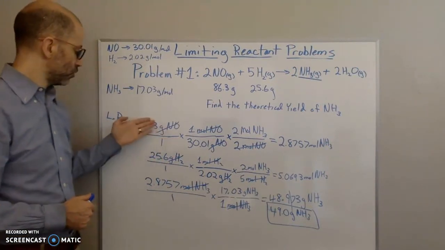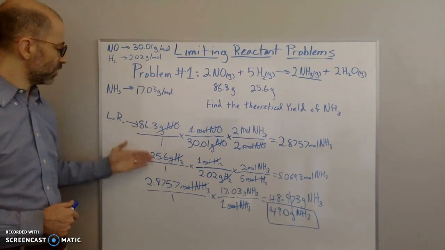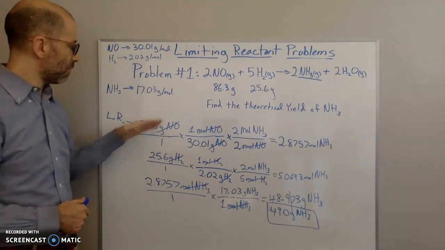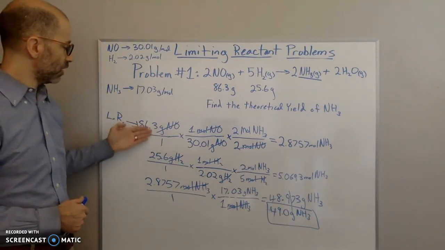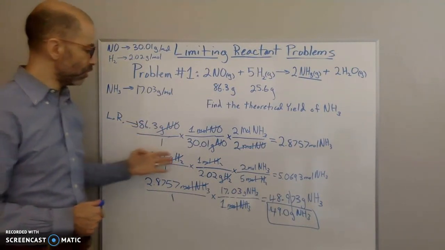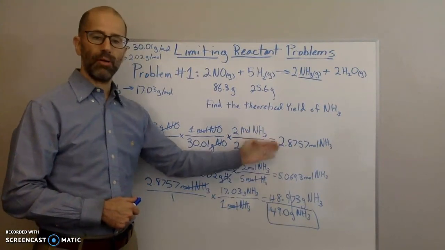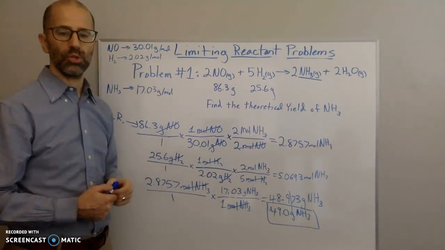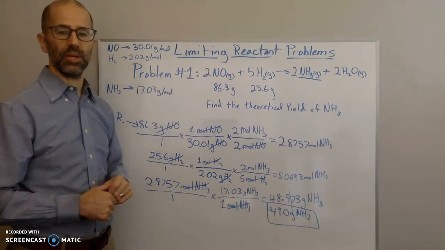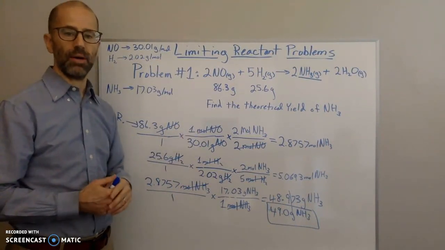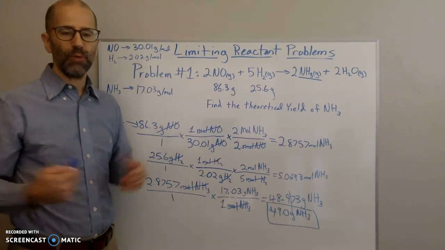I use the first method where you take the mass of each reactant and convert both to the amount of the product you want, and you see which one gives you the lesser amount. The one that gives you the lesser amount is the limiting reagent, and then you continue with that amount.